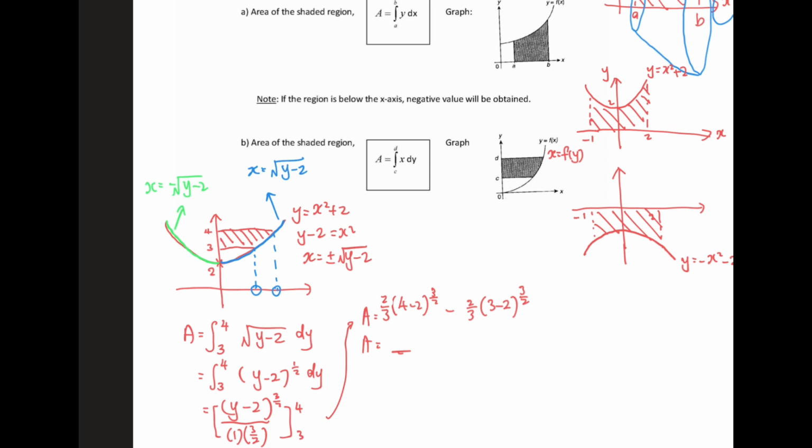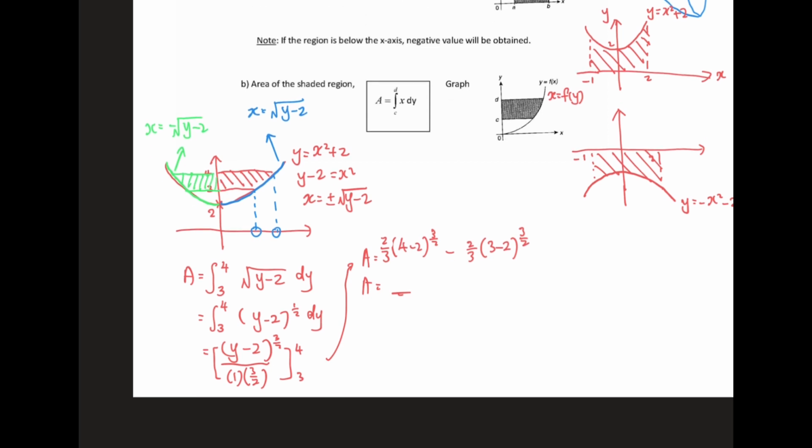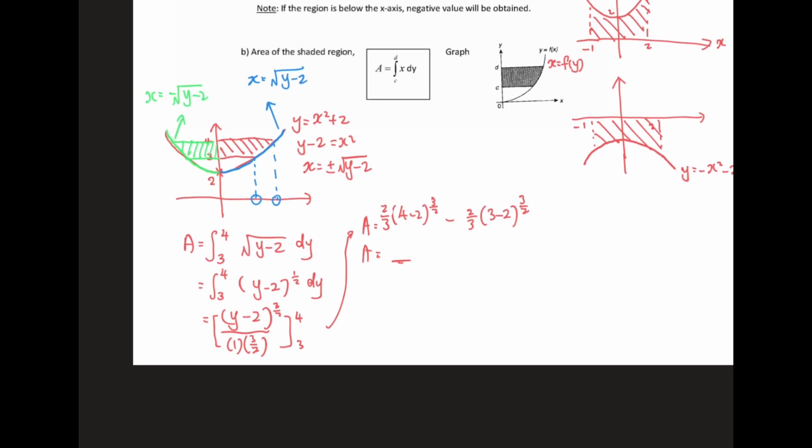So meaning that, let's say I create another example here in green color. Let's say I want to find the shaded regions in green color from 3 to 4. Okay, so the area, 3 to 4.